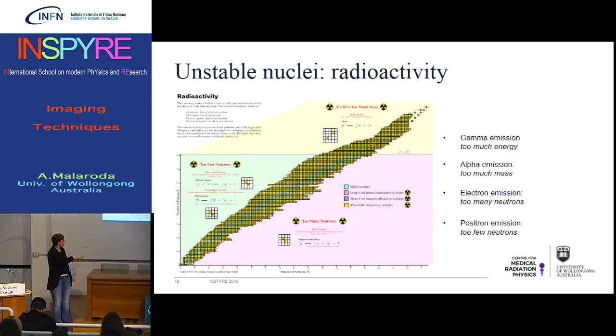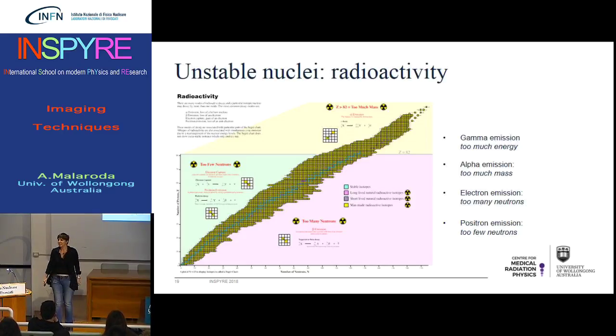And again, for the same reason as down there, to conserve momentum, I will need a third particle. I have to admit, I never remember if the antineutrino is produced with the beta minus or the beta plus. I always need to check. But you will produce a neutrino, which is the opposite of the antineutrino produced in the other decay mode.